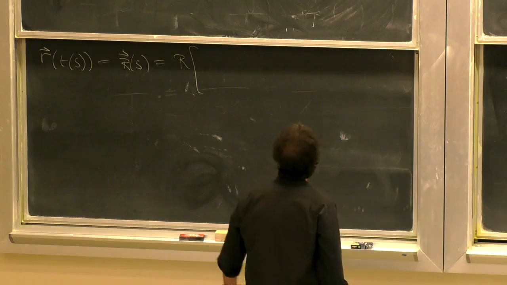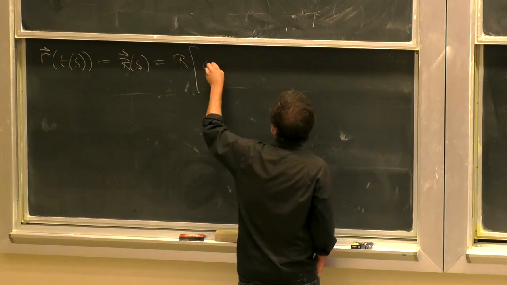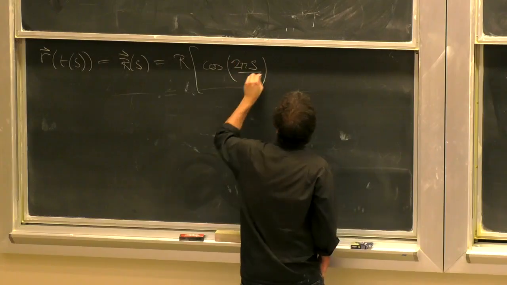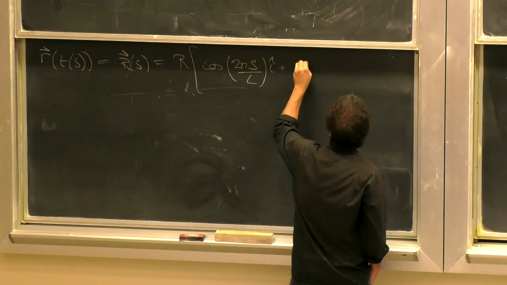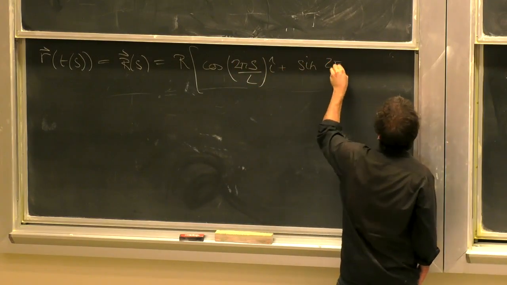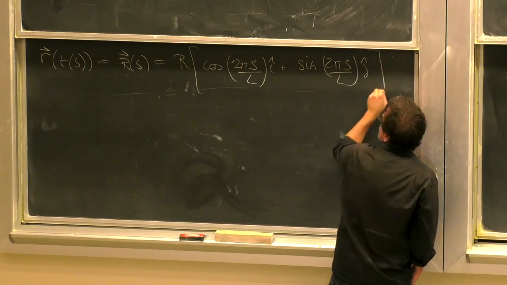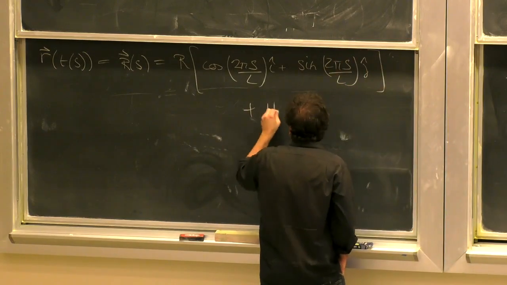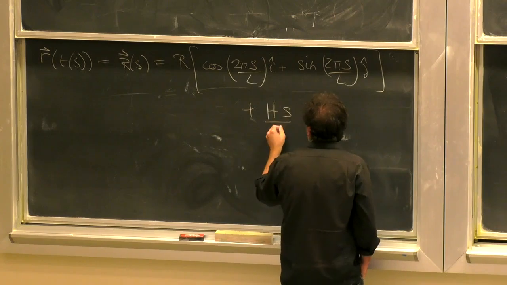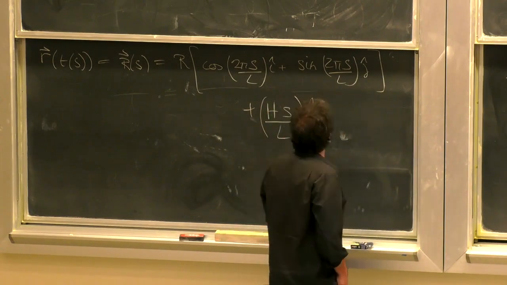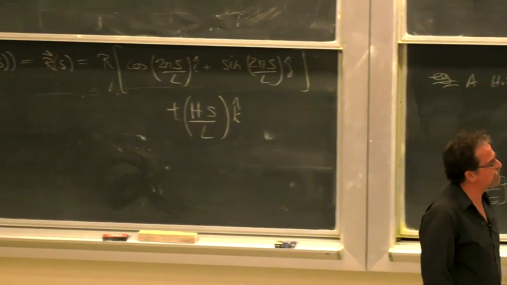You've got capital R times the cosine of 2 pi s over L i hat plus the sine of 2 pi s over L j hat plus h times s over L k hat.